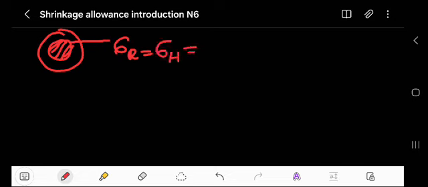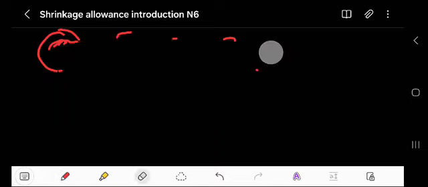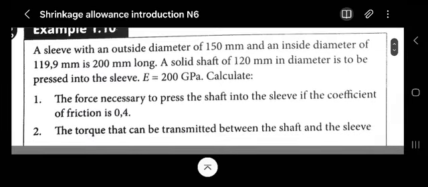Remember I said that at the contact diameter, the hoop stress is equal to the radial stress, which is also equal to the pressure. Remember at the common diameter, if you're given the shaft, remember that. Do not forget that again. We've discussed this.